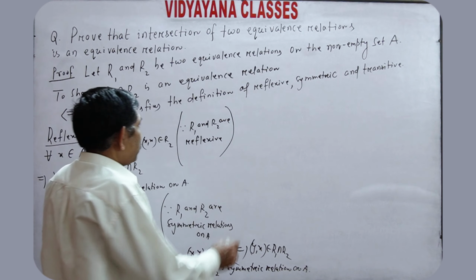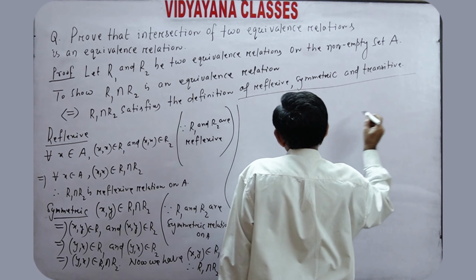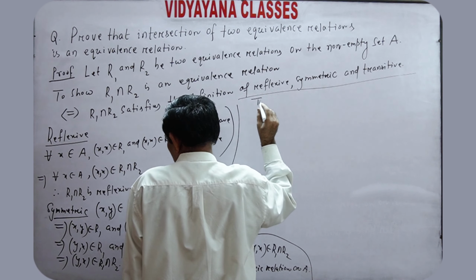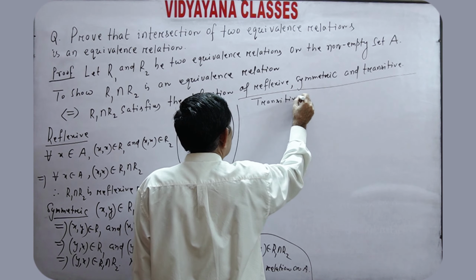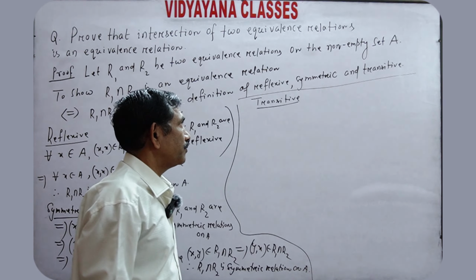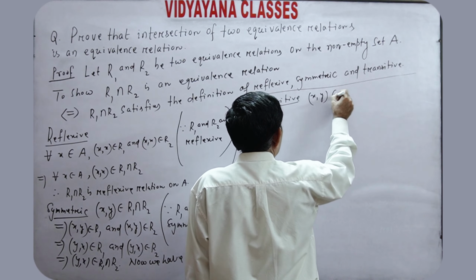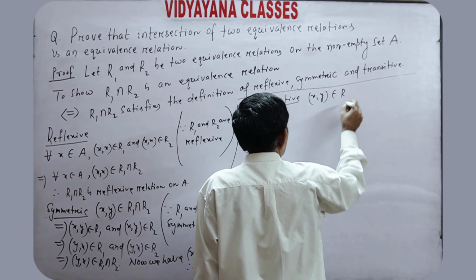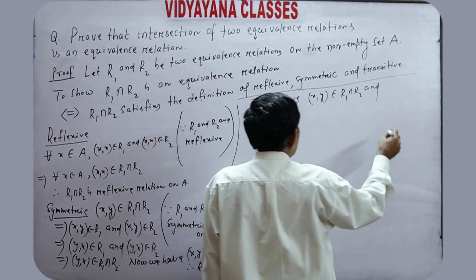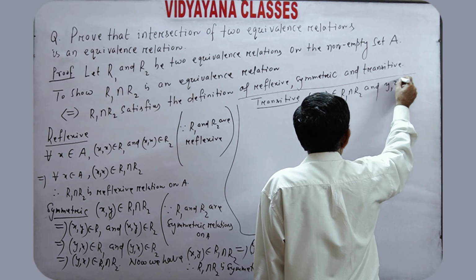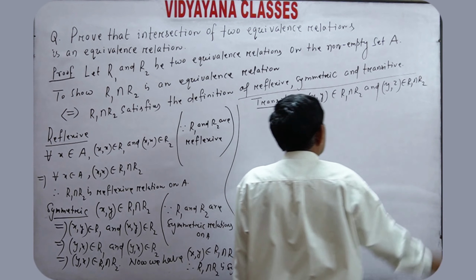Third, transitive. Let (x,y) belong to R1 intersection R2 and (y,z) belong to R1 intersection R2.